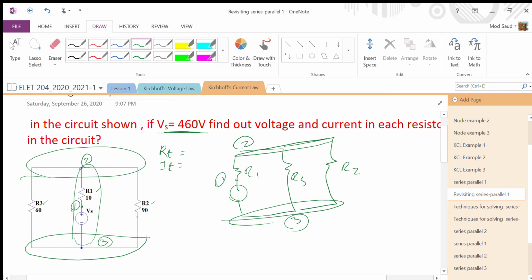Now it is very clear. R2 and R3 are in parallel. When we look at it, at this part of the circuit, R2 and R3 share the same 2 nodes, so they are parallel.